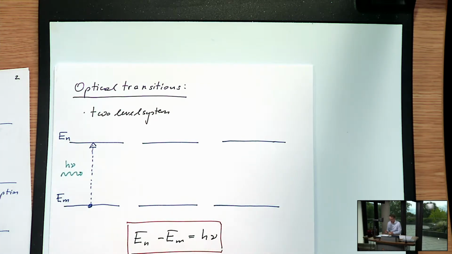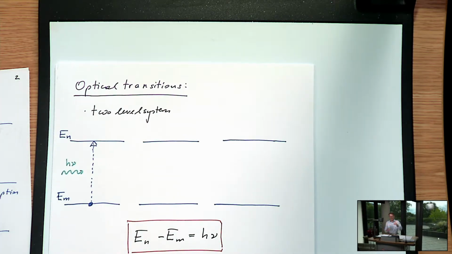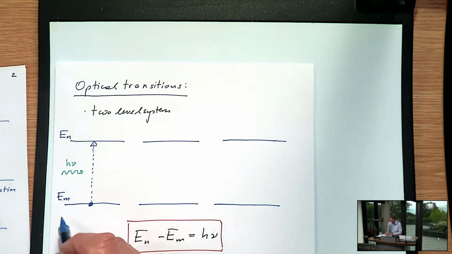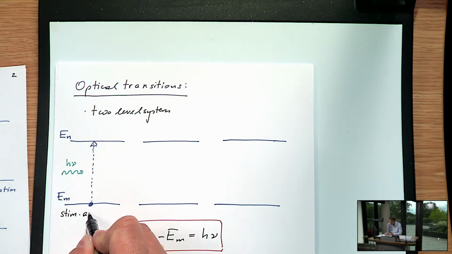Otherwise the absorption cannot take place. This is a consequence of quantum mechanics, because these energy levels are discrete, only certain transitions are allowed. You need to supply exactly the right energy to make these transitions happen. Okay, this type of transition here is called stimulated absorption.